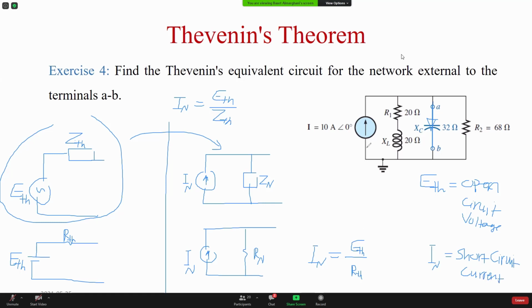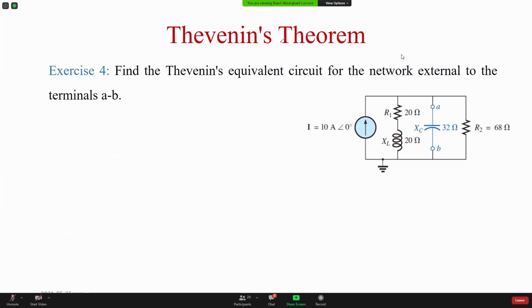So let's say that you want to find Thevenin equivalent, you find it. Or you find it difficult, you find the Norton equivalent, then you switch it to Thevenin. That's totally fine. If you have Thevenin, you don't have to do the procedure one more time to find Norton equivalent. You can just use source transformation, if you remember, from a current source to a voltage source or the other way around.